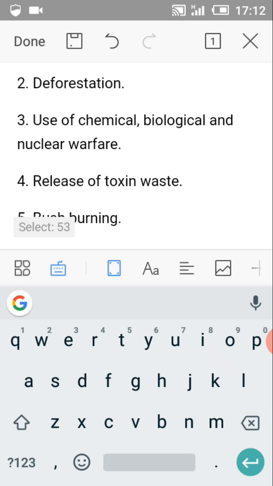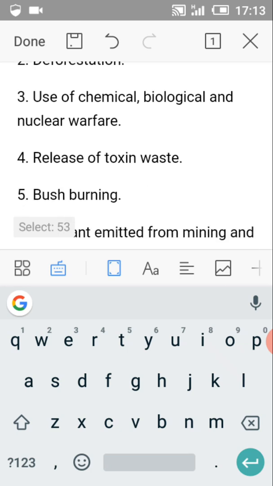When man deforests our forests, a lot of trees are lost through felling. Therefore, there is little or less oxygen that man receives, while a lot of carbon dioxide that is expected to be absorbed by plants cannot be absorbed. Number 3, use of chemicals, biological and nuclear warfare.